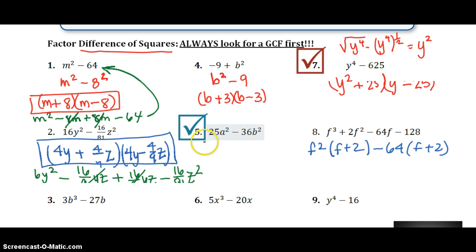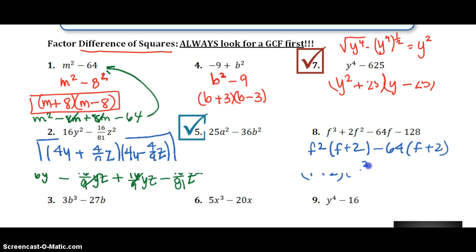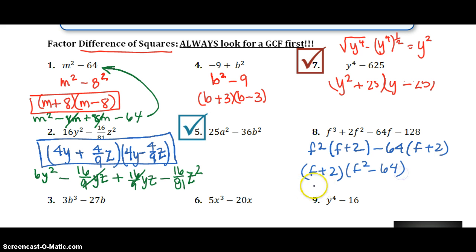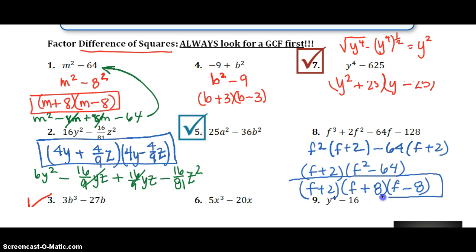And I'm sorry it's jumping around, I think it's that check mark. So now I'm going to factor out the f plus 2, and that leaves me with a difference of squares. So watch this, it's going to be f plus 2 times the square root of f squared plus the square root of 64 and the square root of f squared minus the square root of 64. And there's your full factored form of that big long polynomial.